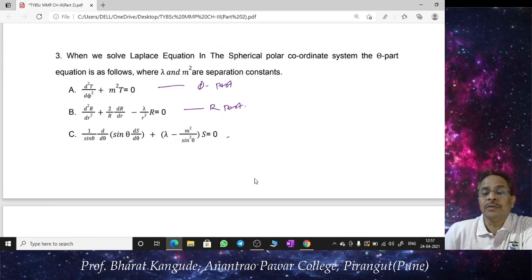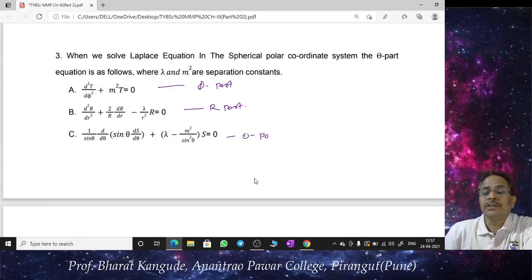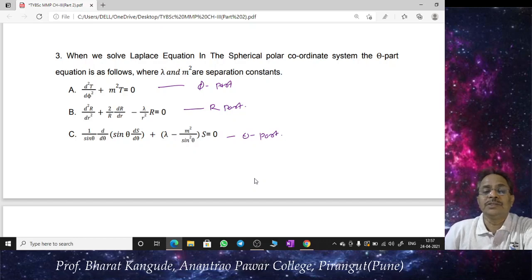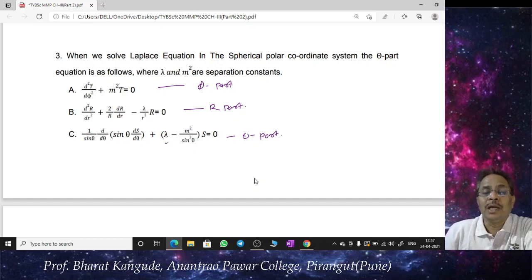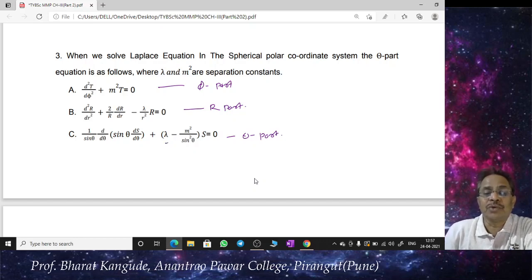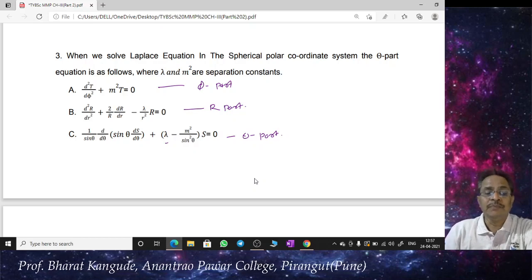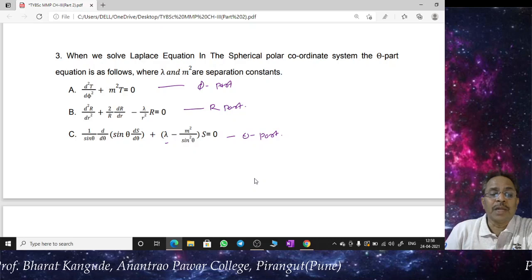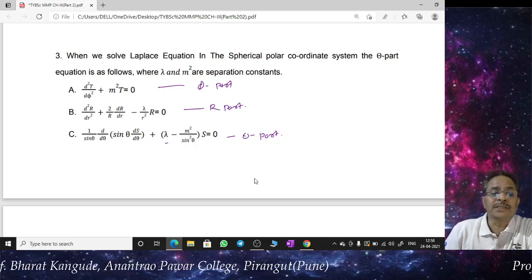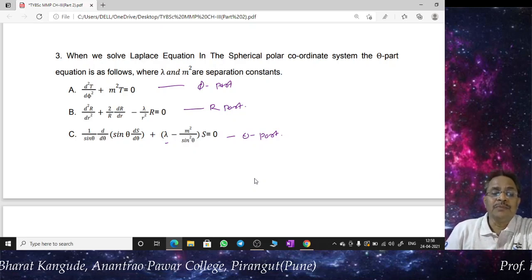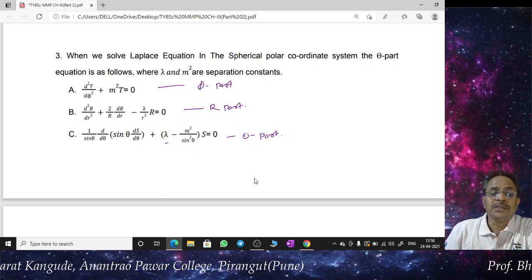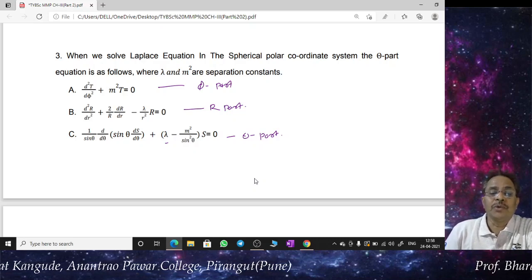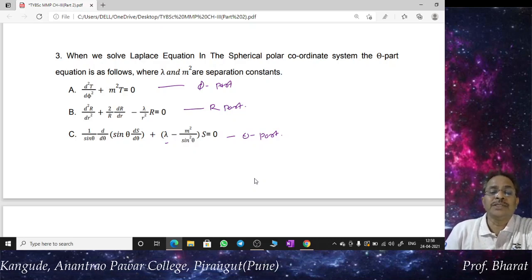So this theta part equation contains these 2 constants, lambda and the second constant, m square. Both of these constants are contained here: 1 upon sine theta into d by d theta of sine theta into dS upon d theta, complete bracket, plus lambda minus m square upon sine square theta into capital S is equal to 0.